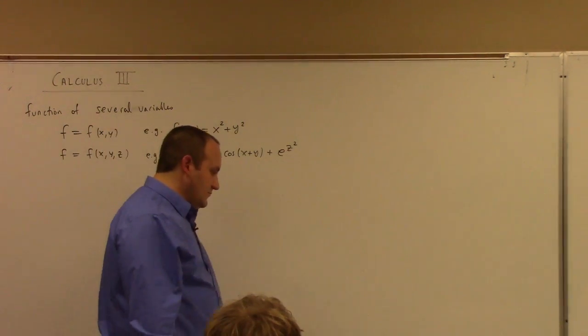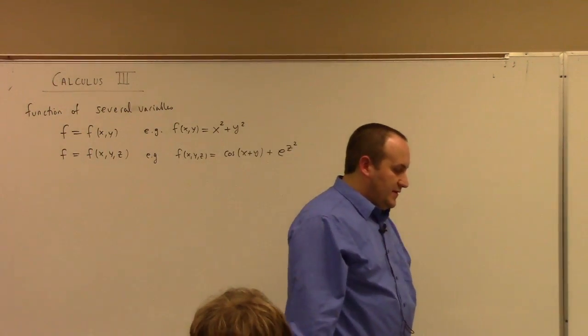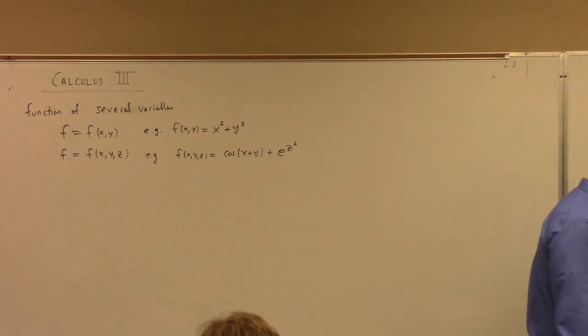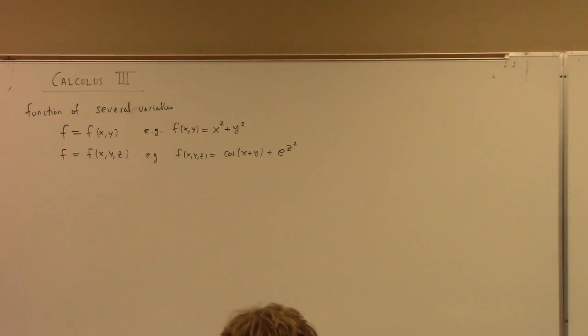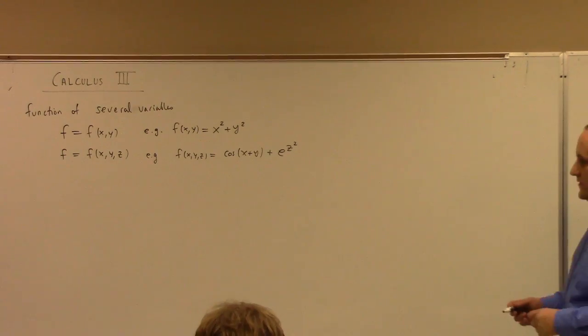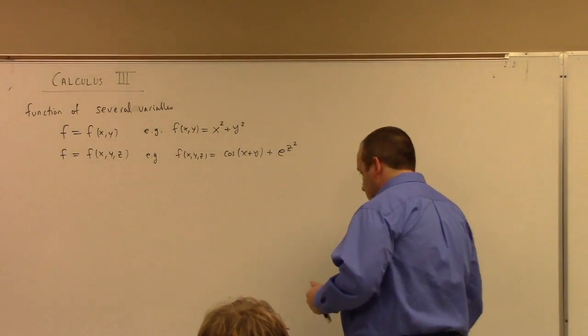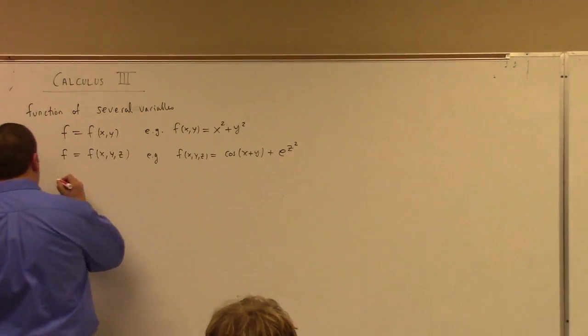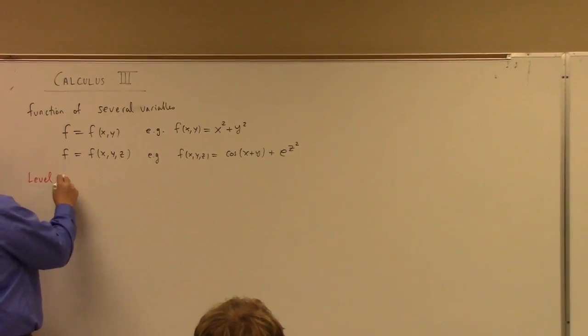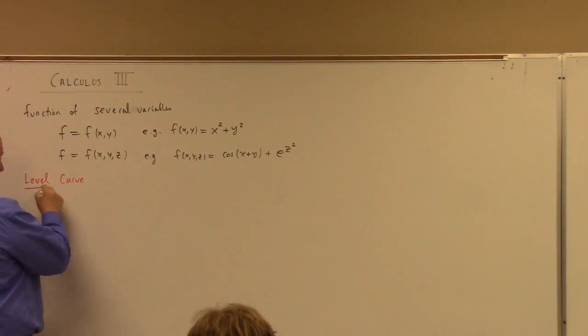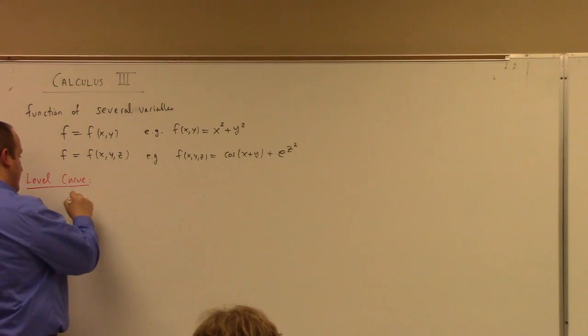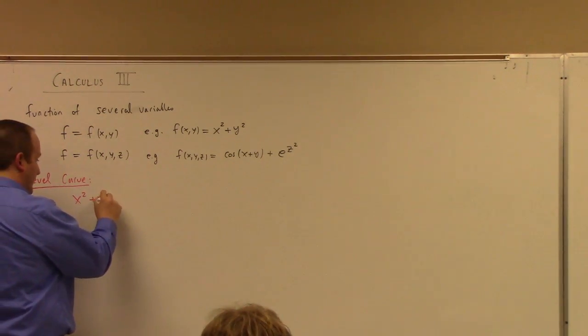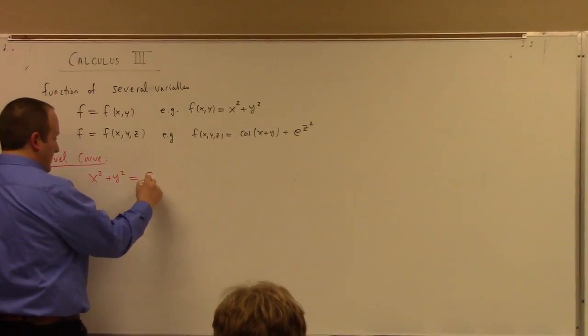What matters to us in here is the notion of a level curve, or perhaps a level surface at some point. So what's a level curve? Something like this: x squared plus y squared equals c.